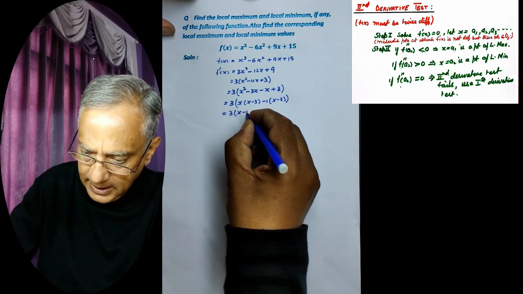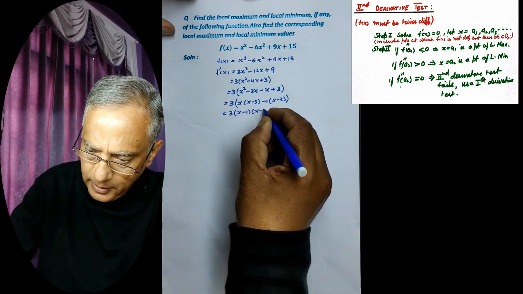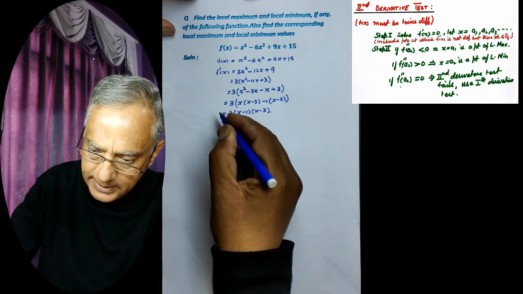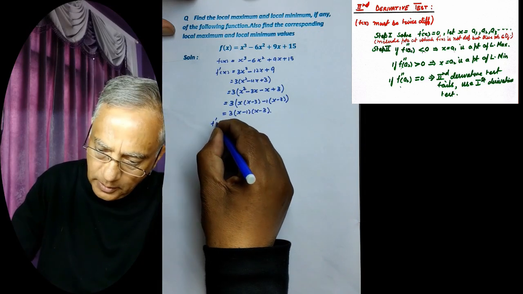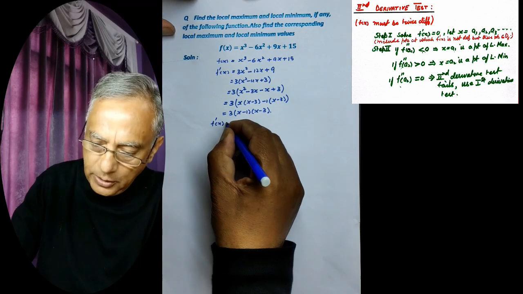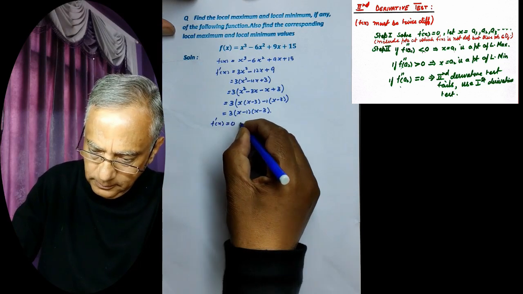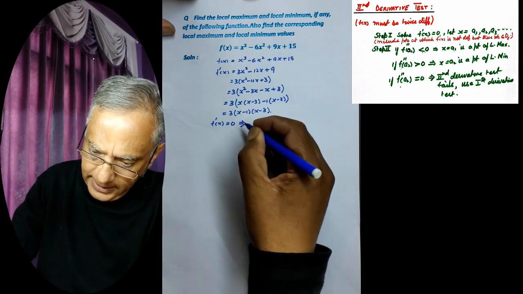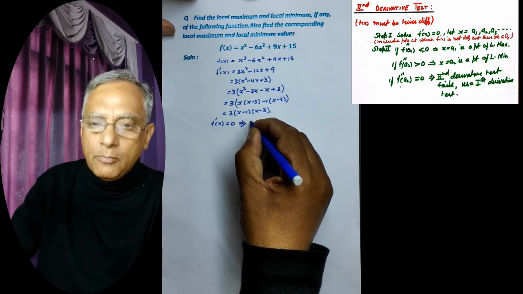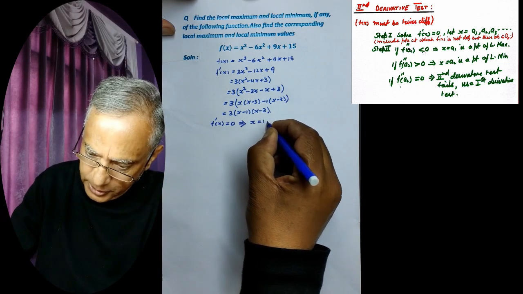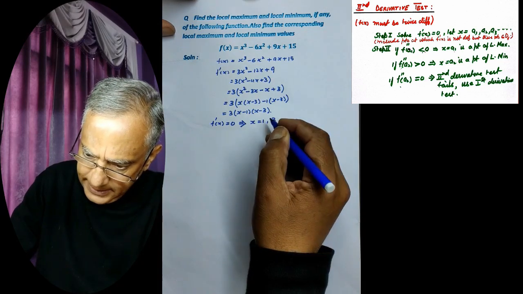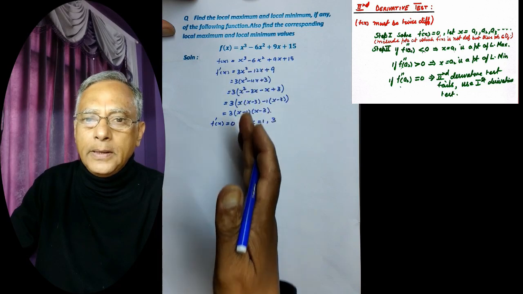So the factors are 3 into x minus 1 into x minus 3. Now put this equal to 0. First step is put f dash x equal to 0, and we get the critical points or the extreme points. So extreme points are x equal to 1 and 3.